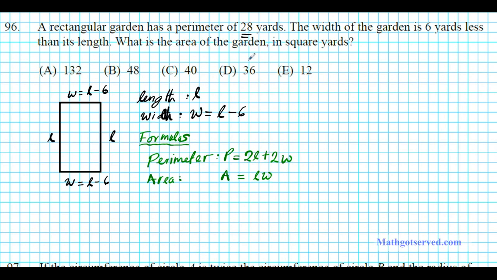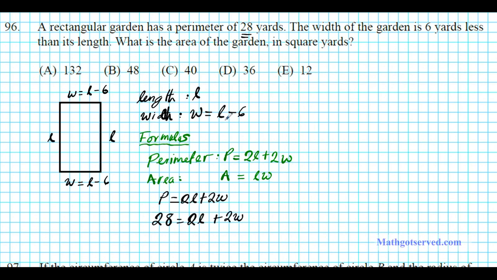So we're going to use the first formula. This perimeter information is the hint that helps us figure out what the first equation is. So since the perimeter is 28, we know that P is equal to 2L plus 2W. P is 28. 28 is equal to double the length plus double the width.